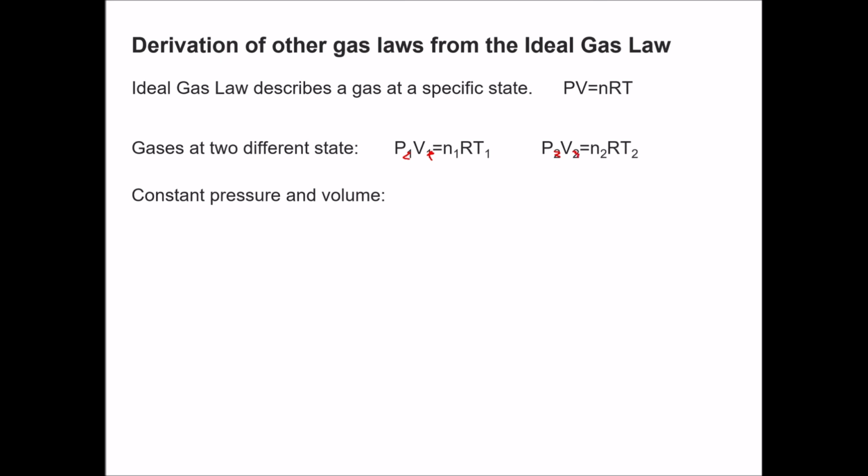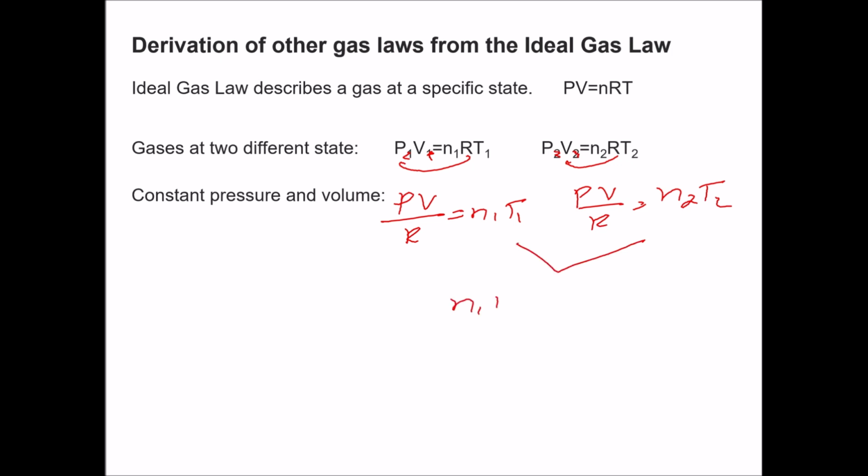Since those are constants, I've got to move my R to the other side for both of these. So I'm going to have PV over R equals N1 T1. And I'm going to have PV over R equals N2 T2. My constants equal each other. Those relate. N1 T1 equals N2 T2.